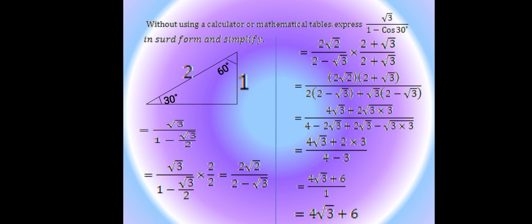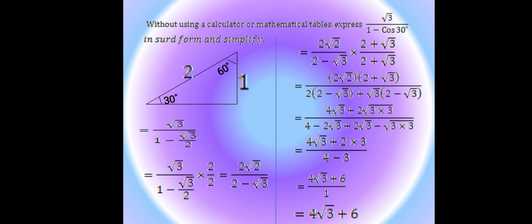Now we know the cos 30 according to our triangle is adjacent side over the hypotenuse. The adjacent side is the square root of 3. The hypotenuse is 2. So cos 30 is the square root of 3 all over 2.